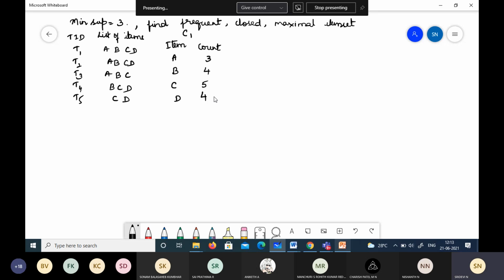Do I need to remove any item, or do I need to continue with all the items for the next item set generation? Look into this support count and tell me whether we need to remove something or we can keep all the items. Yeah, we can keep all the items.